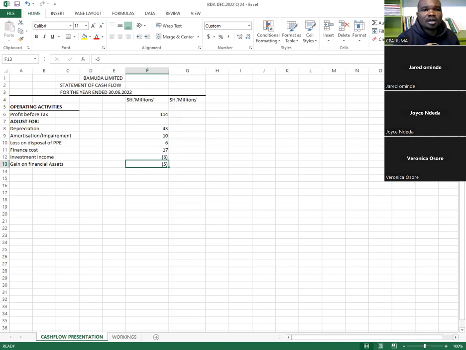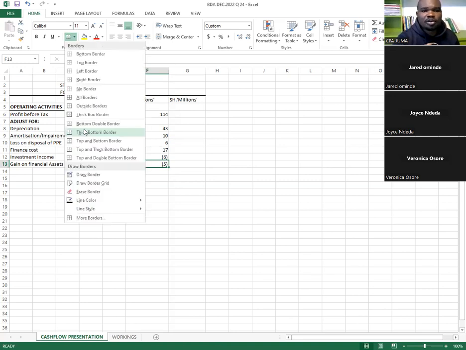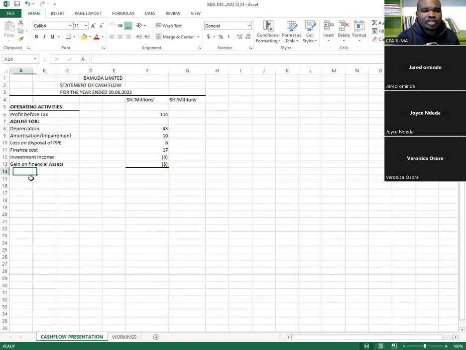So let me have this underlined, single bottom underlined. So this is cash flow before working capital changes.